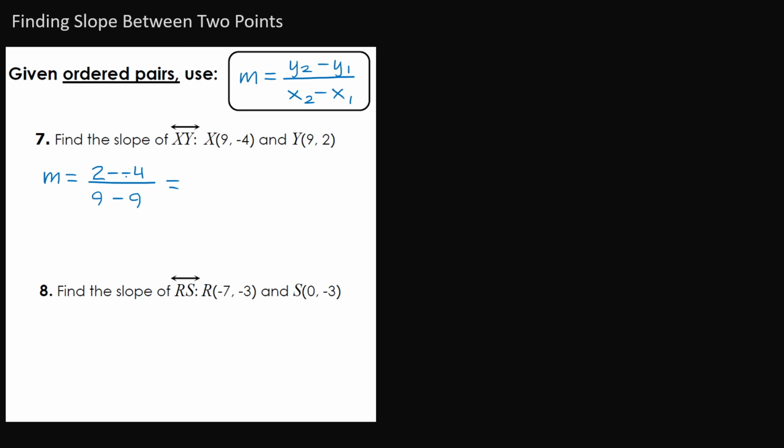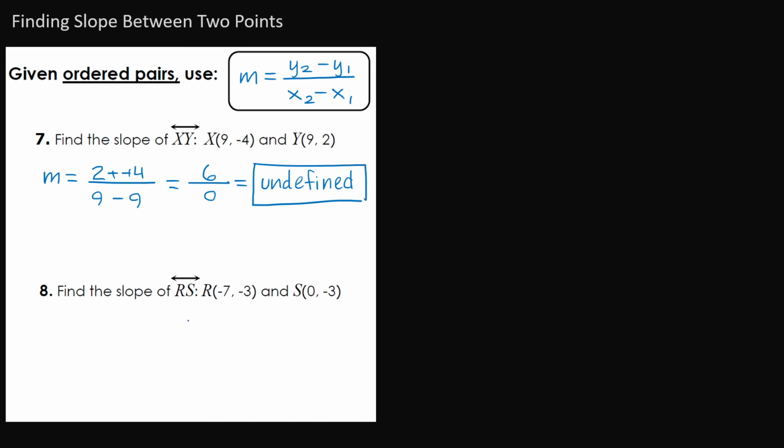When I do the math here, 2 minus -4 is the same as 2 plus 4, that's 6, and 9 minus 9 is 0. So remember, we can't divide by 0. This is actually an undefined slope. So the line XY is a vertical line.